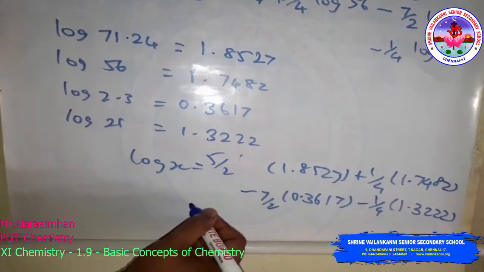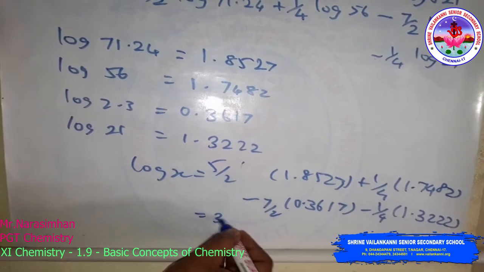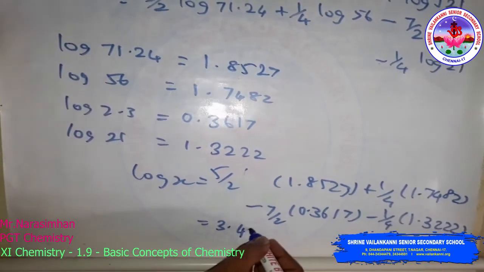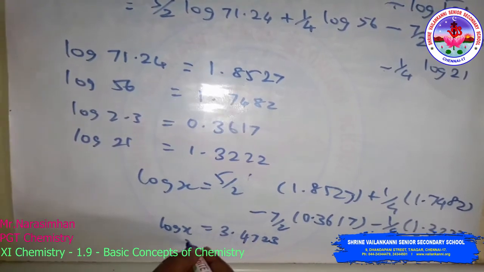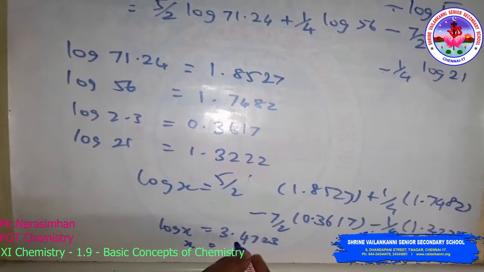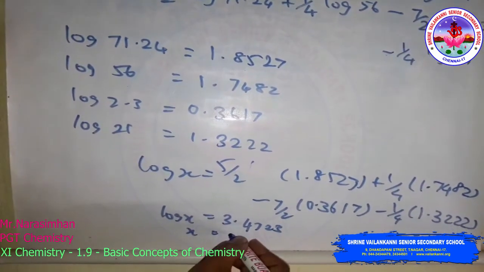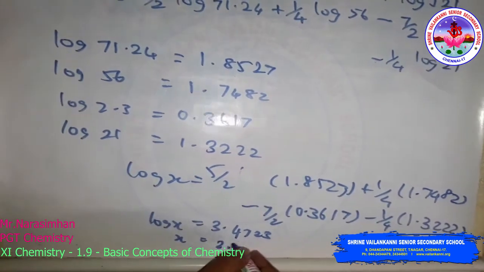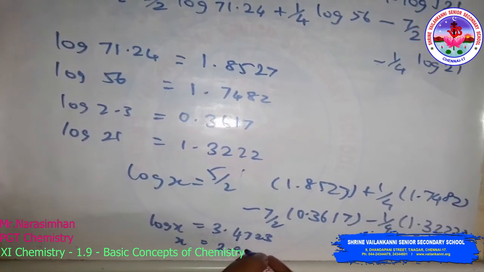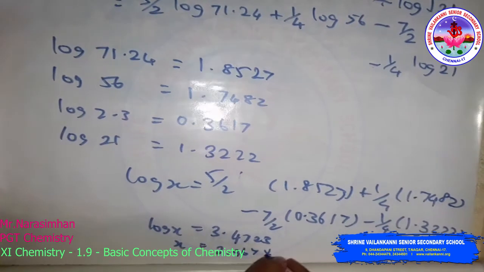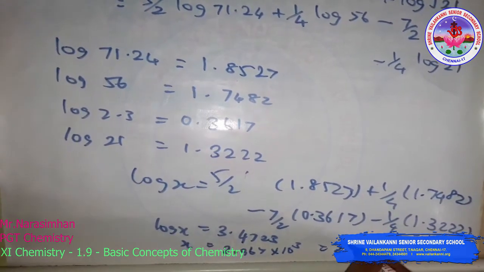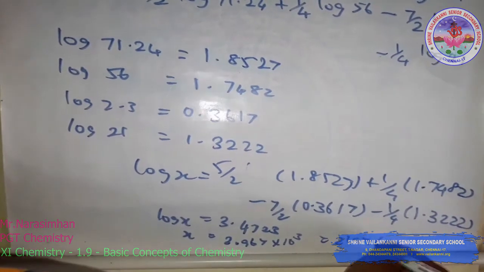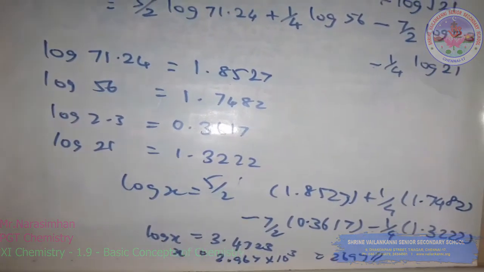So simplifying, you will get the value 3.4723. So log x is equal to this. So x is equal to anti-log of this. The anti-log value you will get is 2.967 into 10 power 3, or you can write 2694. So this is the value. Thank you, student.